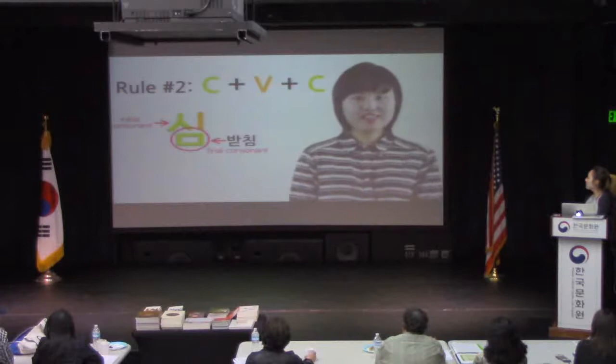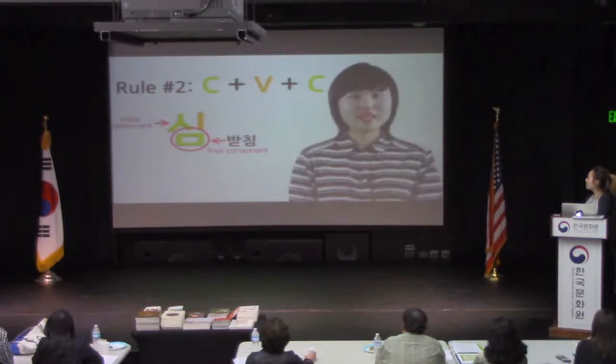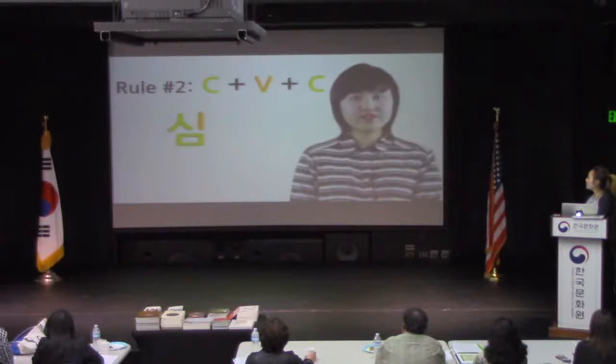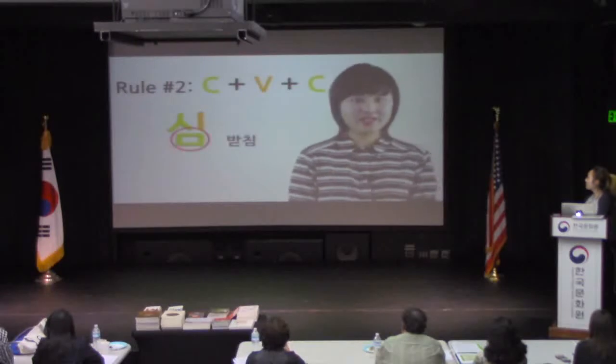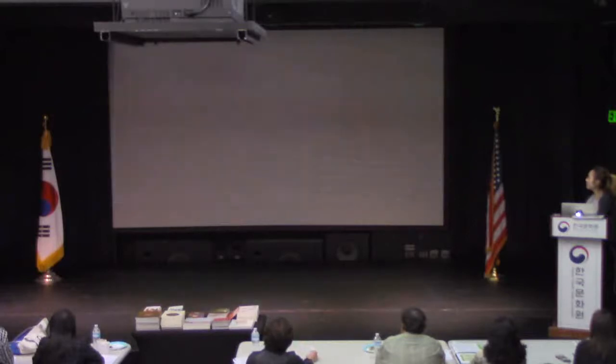The final consonant is called 받침 in Korean. Let's memorize it right now. 받침. It refers to the final consonant. The only difference of the second rule from the first one is to have the final consonant, which is 받침 in Korean. When you use the 받침, its place is always under the letter.